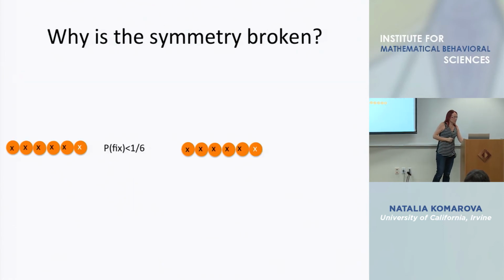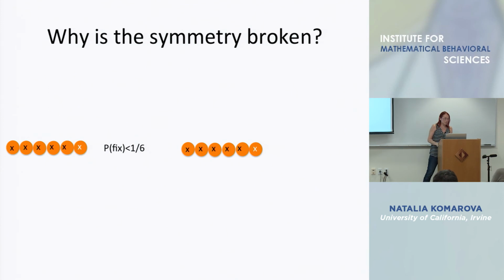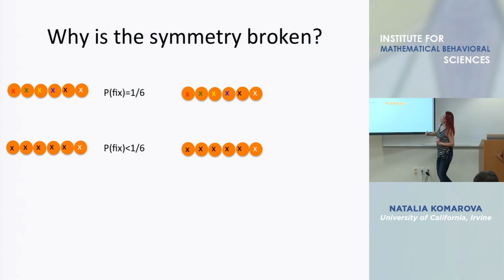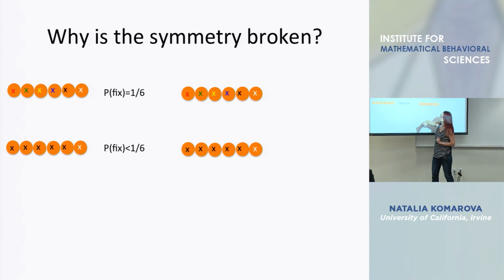So I think I have an explanation. Why is the symmetry broken? So let's look at this initial configuration. I showed you that this is an analytical calculation. The probability of fixation here is less than 1/6.